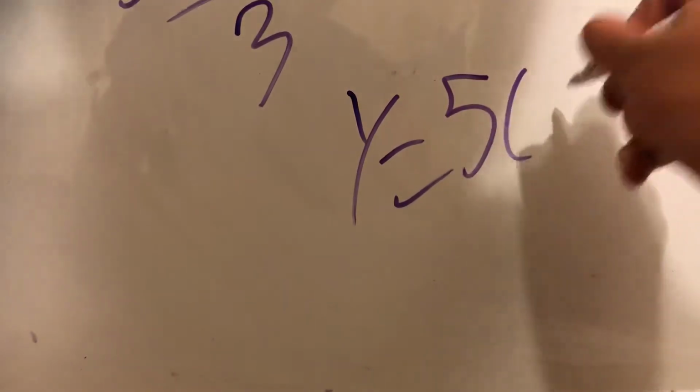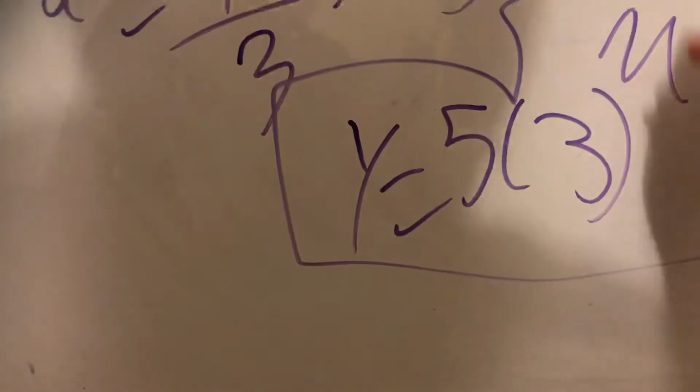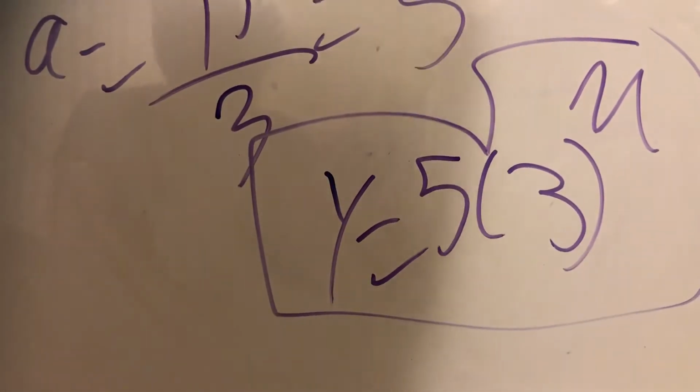So our equation is y is equal to 5, our a, times 3, our b, to the power of x. This is our answer. Pretty easy and simple.